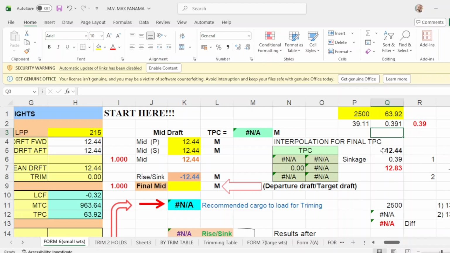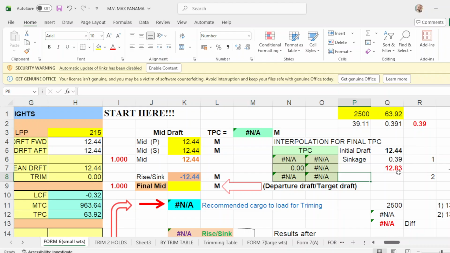Now, here, this is your initial draft, which is 12.44, this one, okay, even keel, and your sinkage is 0.39 meters.